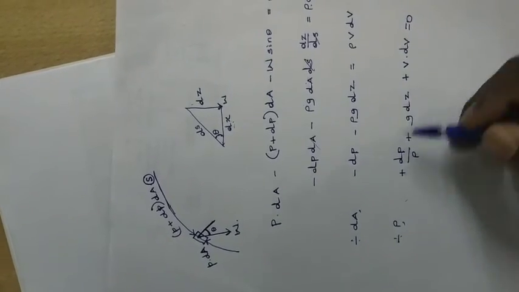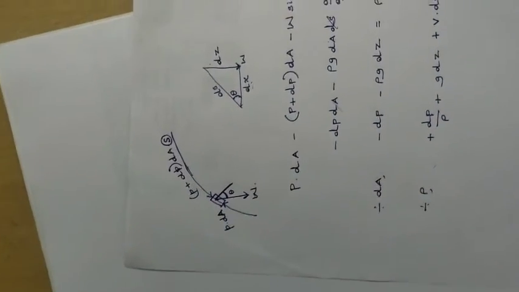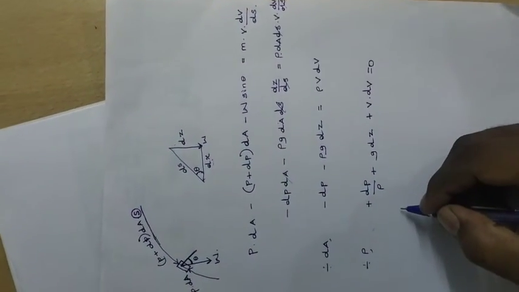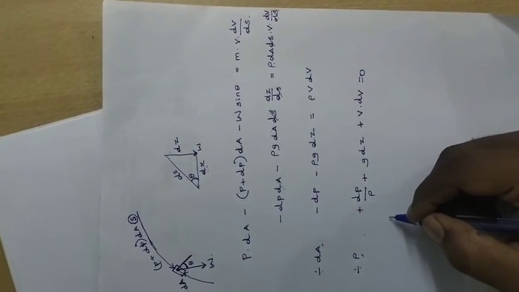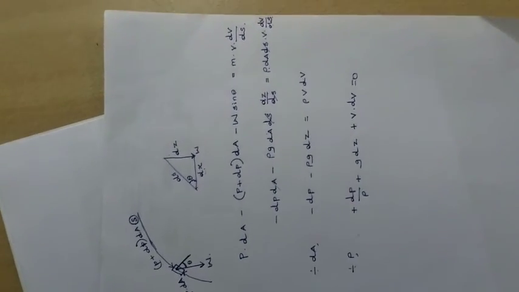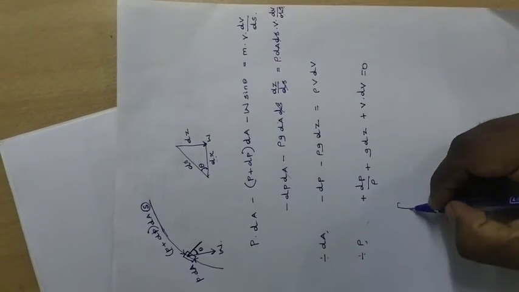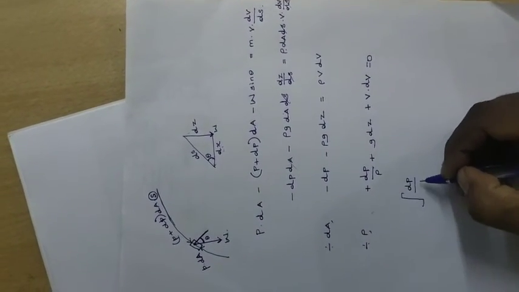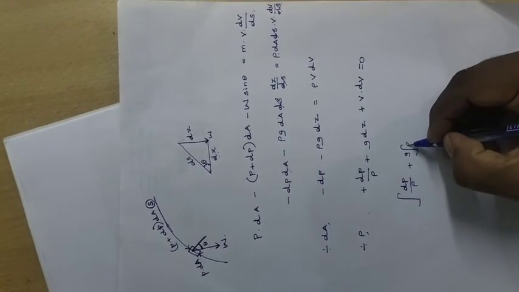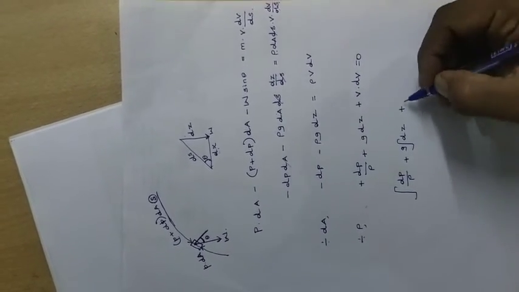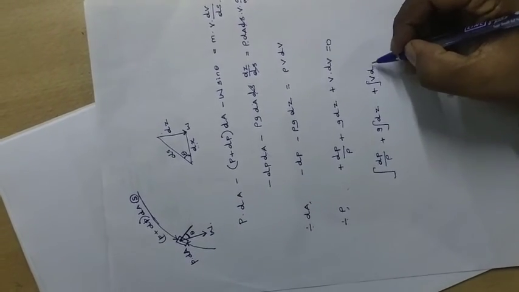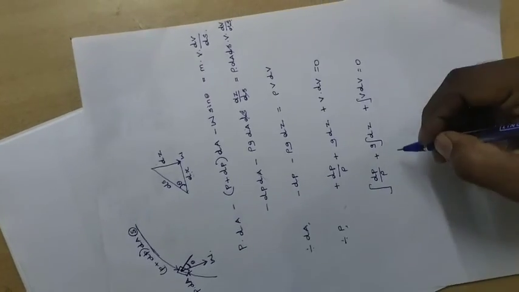So if you integrate it for the whole domain, for the whole fluid particle which occupies the streamline, right? So dP by rho plus g dz plus V into dV, right?